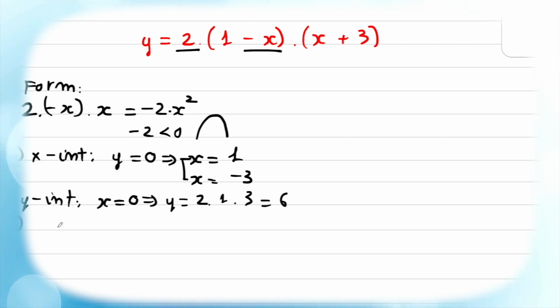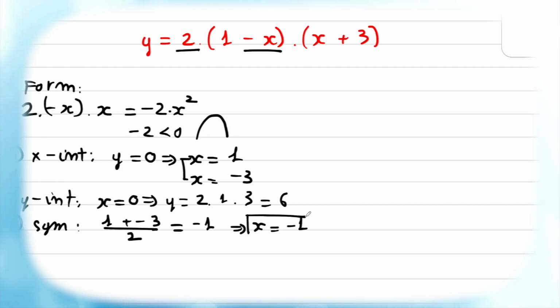Based on the x-intercepts only, about the symmetrical line, take the x-intercepts, add them together, and then divide by 2, take the midpoint, and then you got -1. So x equal to -1 will be the symmetrical line.